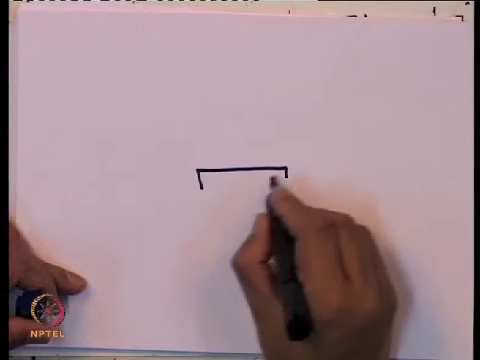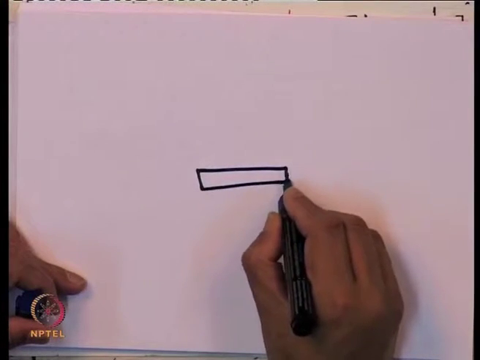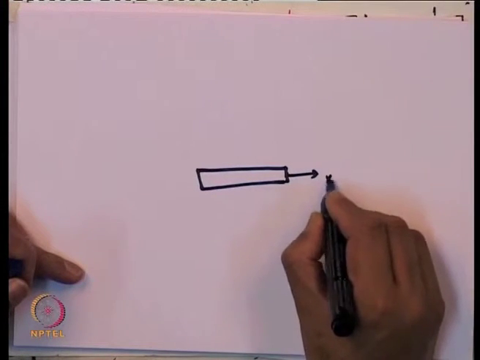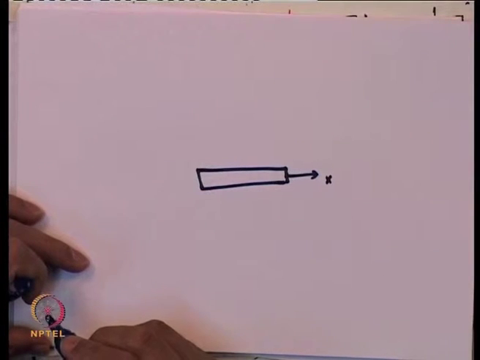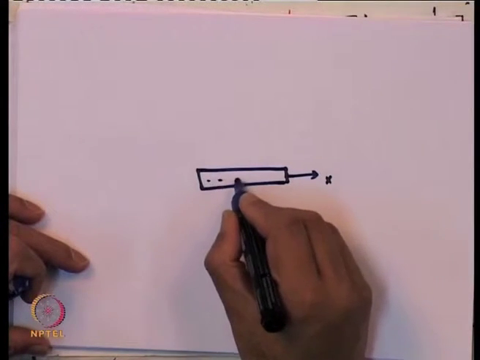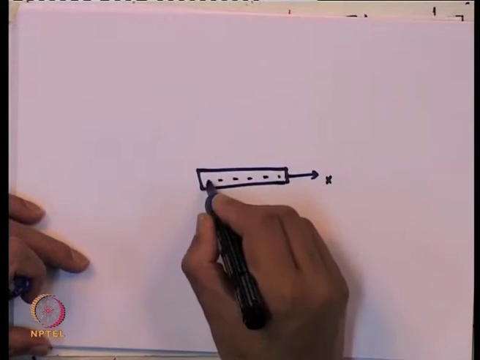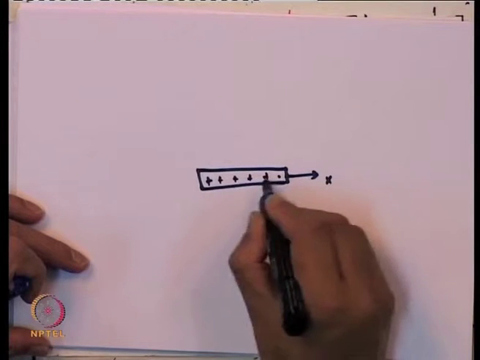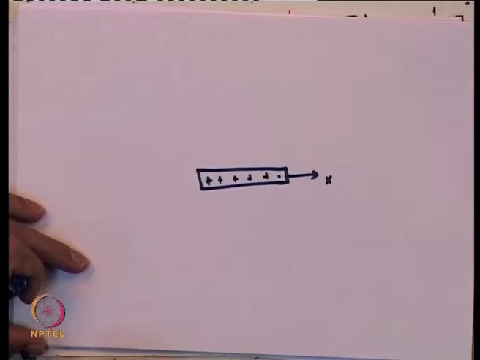Let us suppose we have a wire or a conductor like this, and let us assume that this is the x direction. Now, there are charge carriers here, let us say negative charge carriers, whatever they are. Here we have assumed positive, so let us assume positive. Let us assume that they are moving in the x direction.